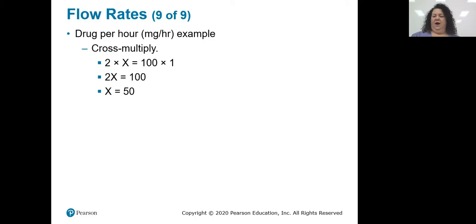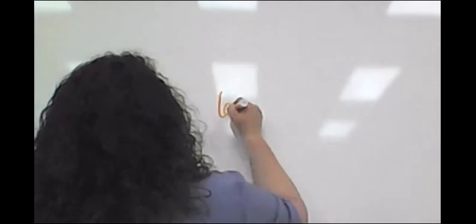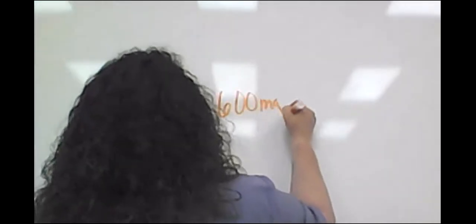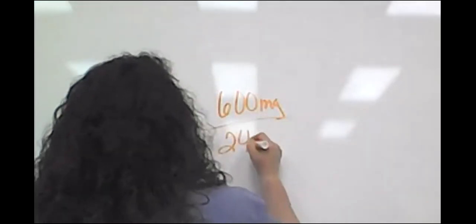Let's look at example 21.17. We have 600 milligrams of fluorouracil is to be administered by continuous infusion over 24 hours. How much drug will be administered per hour? Well, I have 600 milligrams. That's my starting amount, and I know it's being administered over 24 hours.